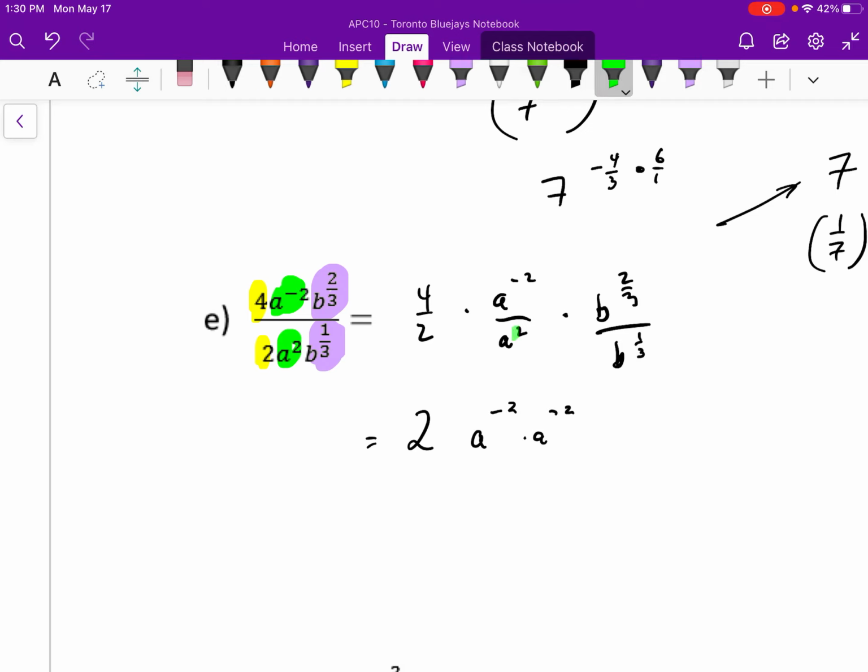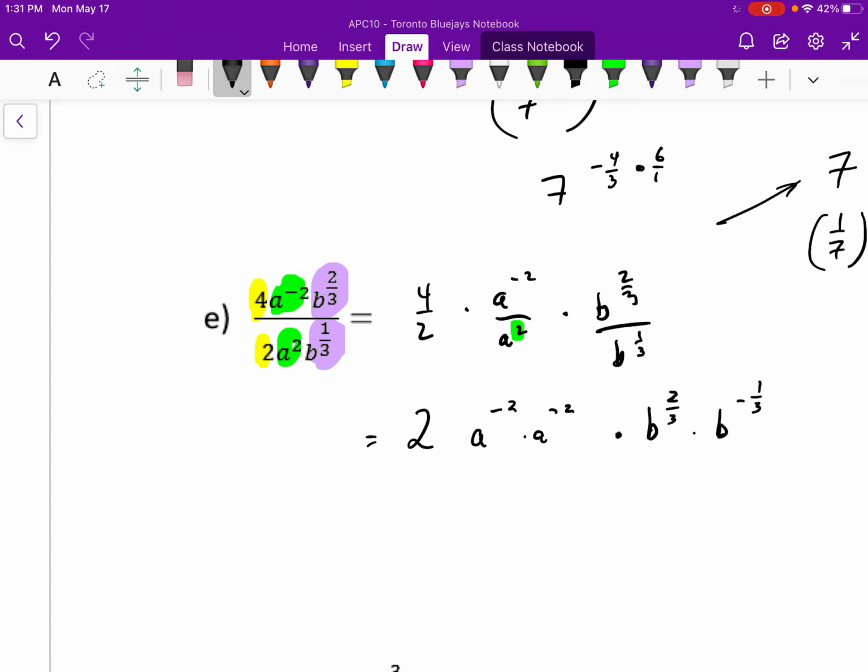I have a square in the denominator, so I'm going to bring it to the numerator. I know that this is inefficient, but bear with me. b to the 2/3 times b to the negative 1/3. Now I'm going to add exponents, use my product law. There.